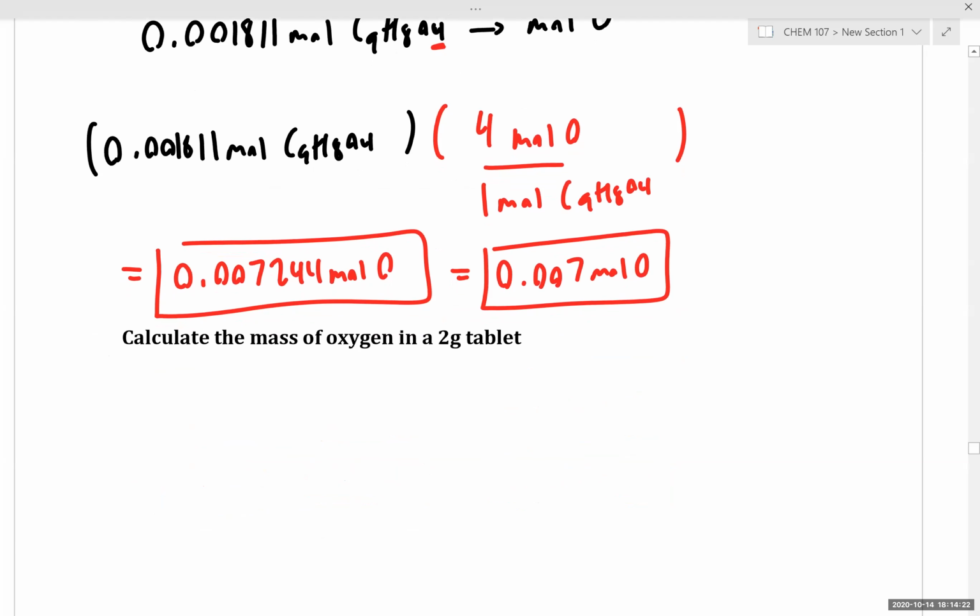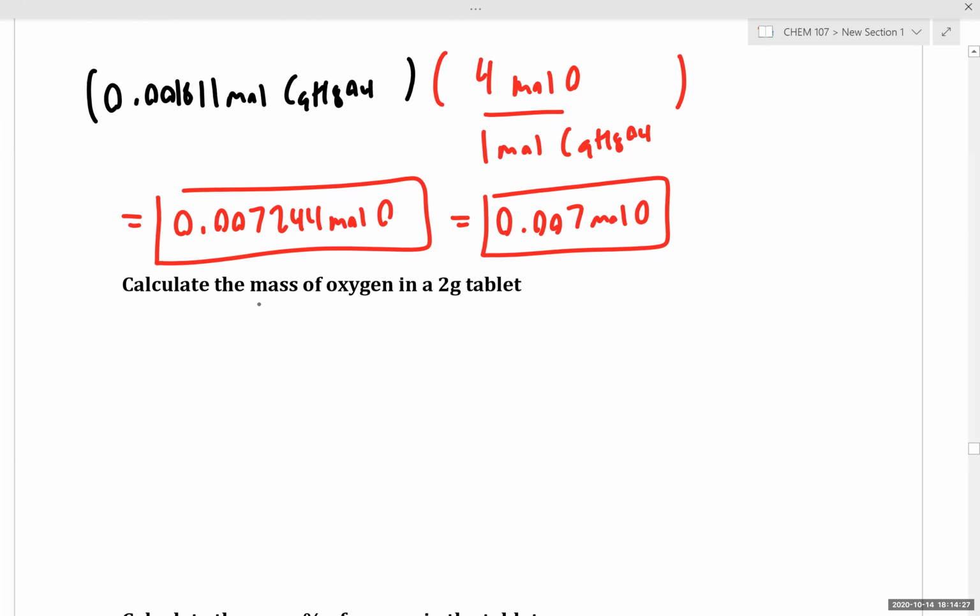Okay, so let's take, given the moles of oxygen, let's work on calculating the mass of oxygen in a 2-gram tablet. So let's take about another 2 to 3 minutes and calculate the mass of oxygen in a 2-gram tablet, given that we've already calculated the moles. Don't be shy to share your responses in the chat, or if you have any questions that I can address, don't be shy to ask your questions verbally or in the chat.